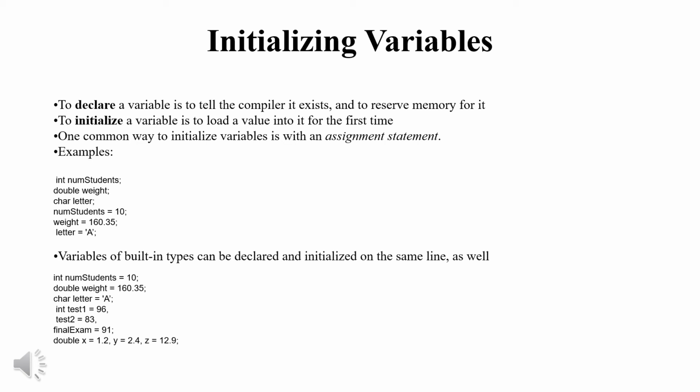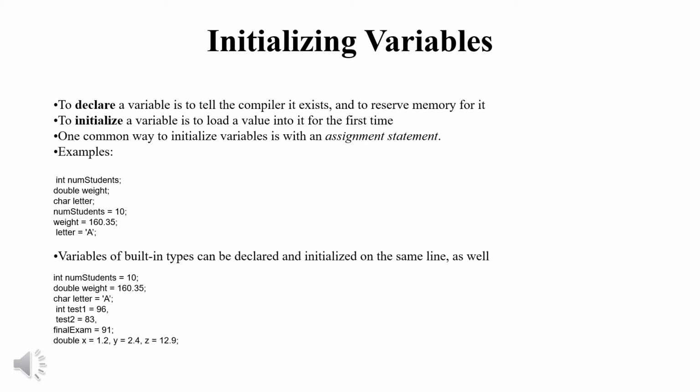So when you declare a variable, actually what you do is that you say to the compiler that this variable exists and the type of the variable is, for example, integer or float. So the compiler will recognize that variable by its name and will specify a space for that variable in memory based on its type.